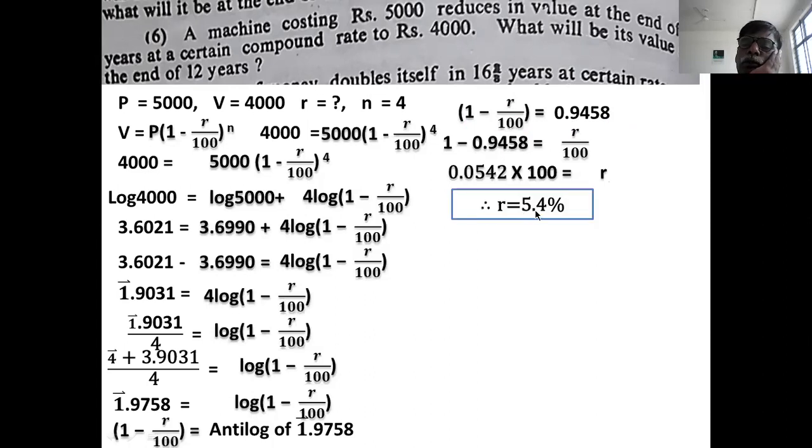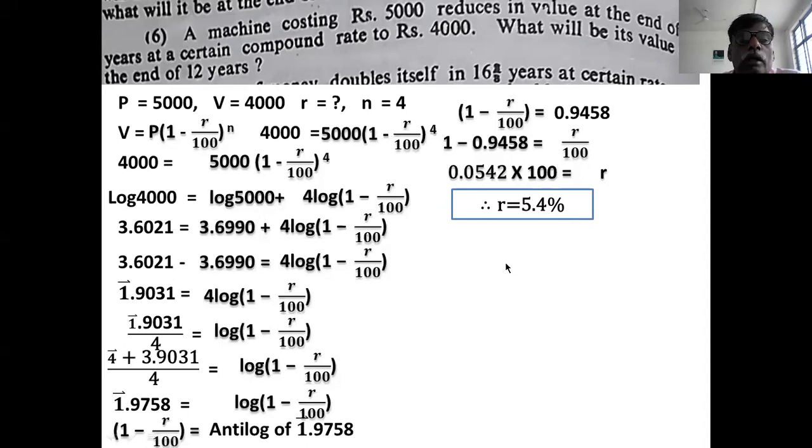So R is 5.4% nearly. Now you calculate what will be the value at the end of 12 years.